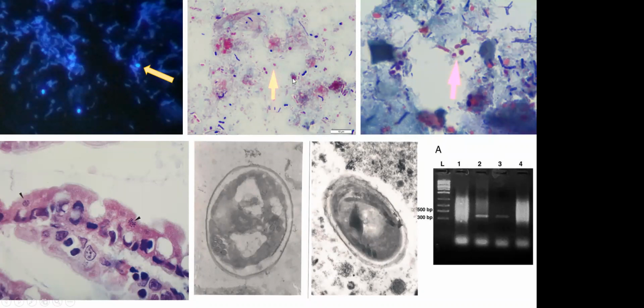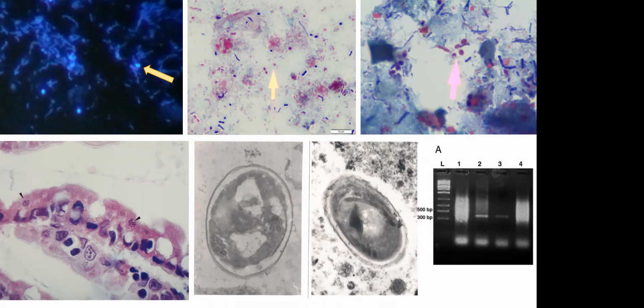In the middle picture at the top, you can see the arrow pointing to what looks like something fairly nondescript, but that in fact is a microsporidial spore stained with a modified trichrome stain.